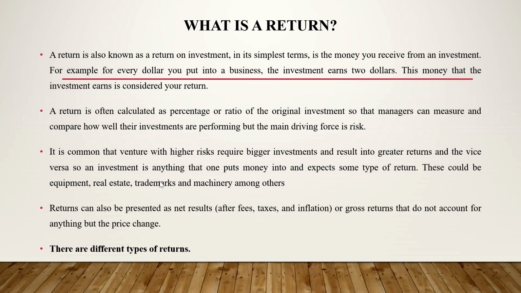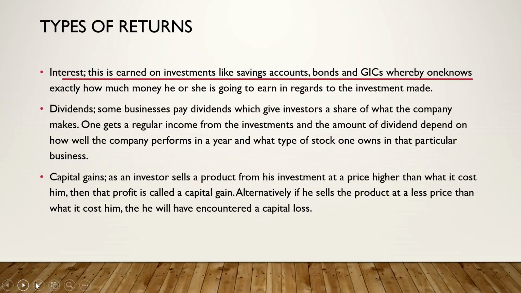So return can also be presented as a net result after fee, tax, and inflation, or gross return that does not account for anything but price changes. We could have interest, earned on investments like savings accounts and bonds, among others.